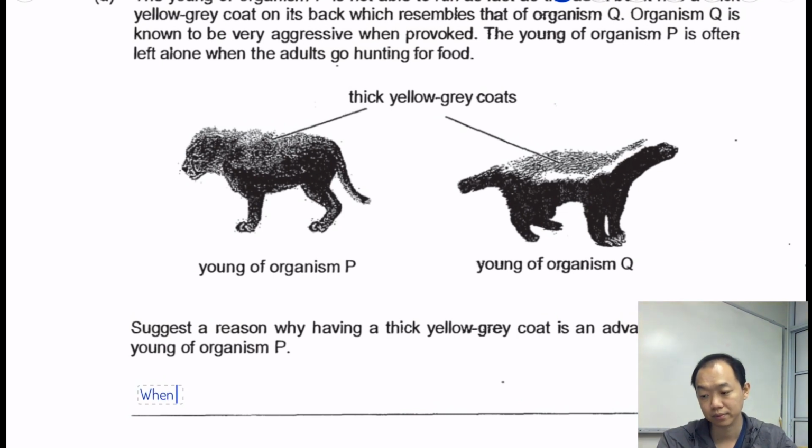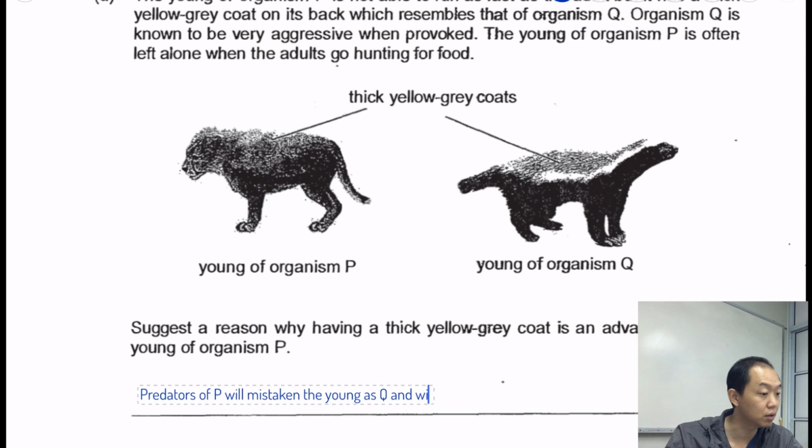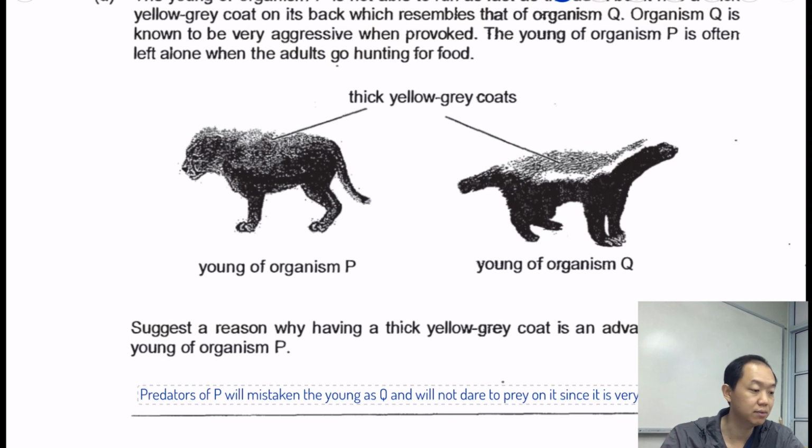Yep. Okay. So we say that the predators of P will mistake the young as Q and will not dare to prey on it, since it has a reputation, since it is very aggressive.